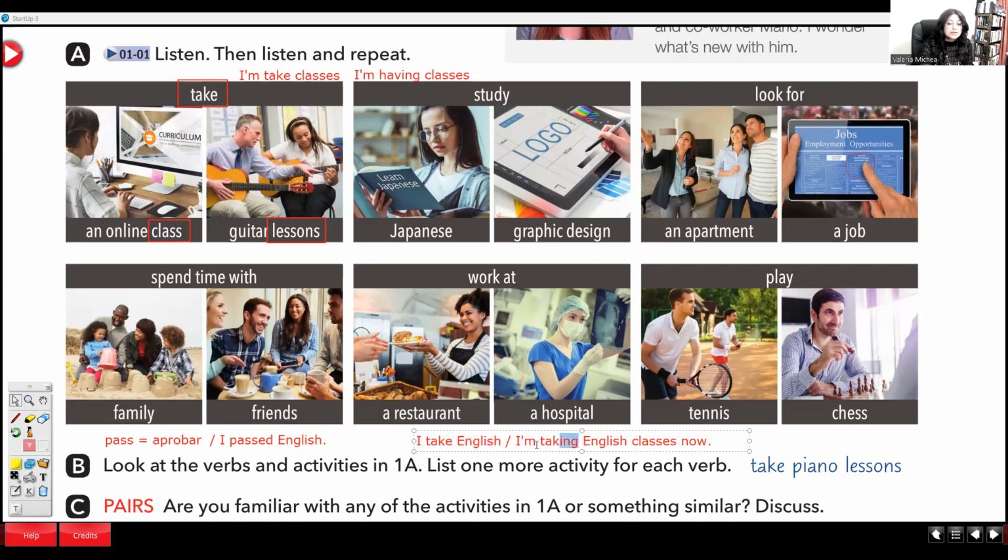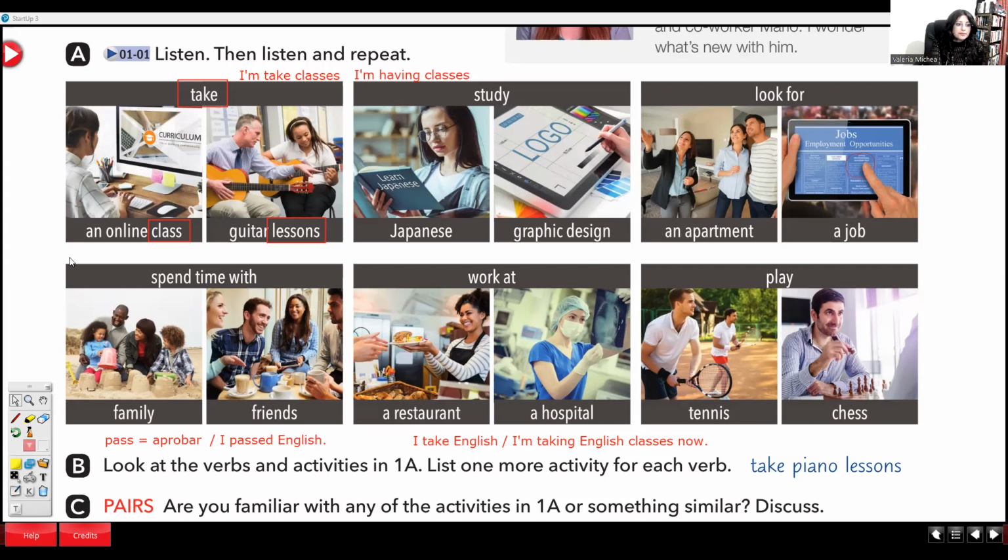Whenever you use the verb to be in your sentences, you need to use it with the ing form. Otherwise, it's not correct. So be careful with those two also. That's what I wanted to mention about take classes, as in the opposite of pass a class.